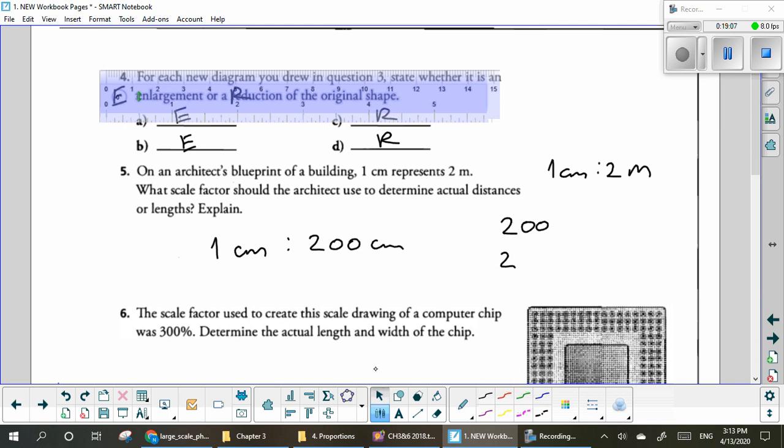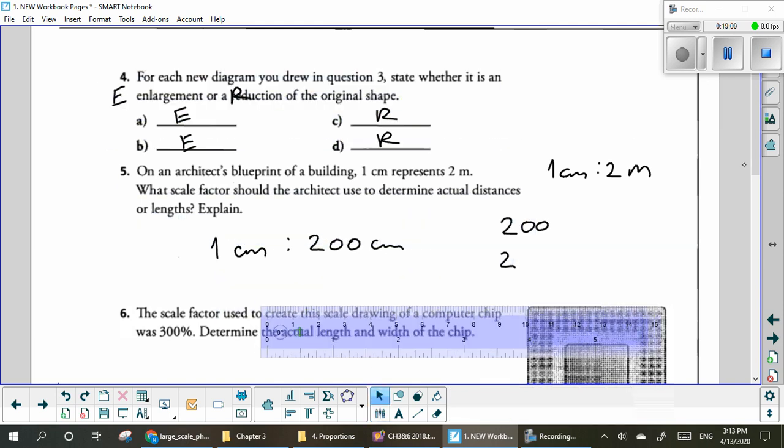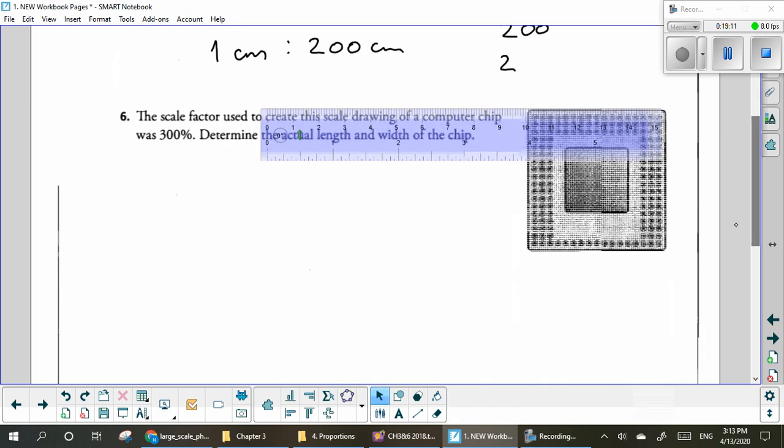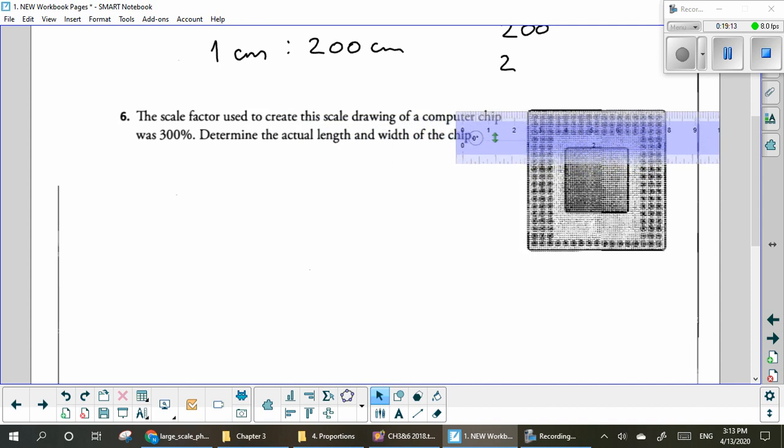Now my measurements are going to be a little different than yours. If you're using your ruler, it might measure something else. Let's see, so if I'm putting the ruler here, it's hard to see there.